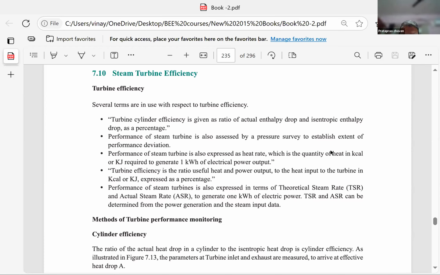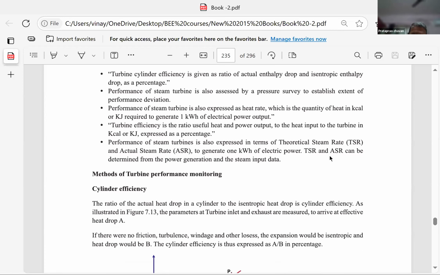Efficiency calculation is the same. Same thing for the boiler also, whether it is pulverized or AFBC boiler. So these chapters are supplementary to our earlier chapters, like fuels and combustion.